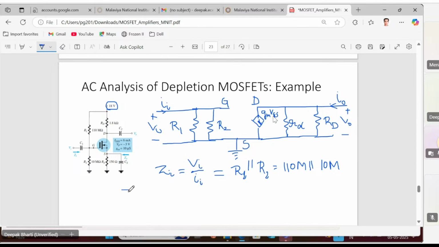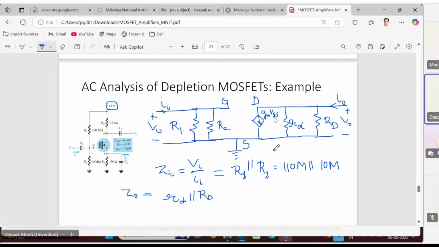Z0. What is Z0? You can see from here, it is small rd parallel capital RD. How? What was the definition?